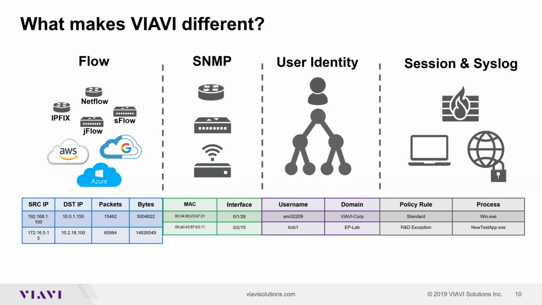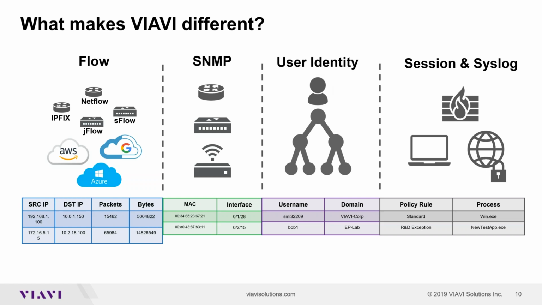So this goes into that idea of stitching, right? Enriched flow takes normal flow and combines it with elements from different data sources. In our case, we can take in SNMP to grab CAM and ARP tables from different routers and switches to grab that MAC address and the interface.